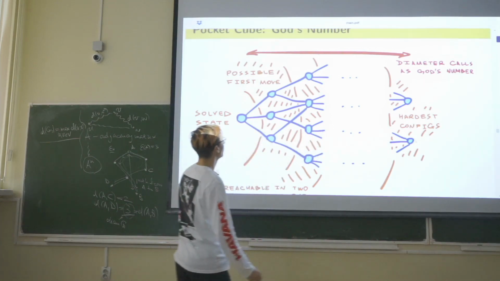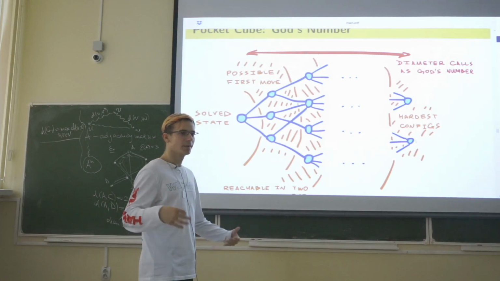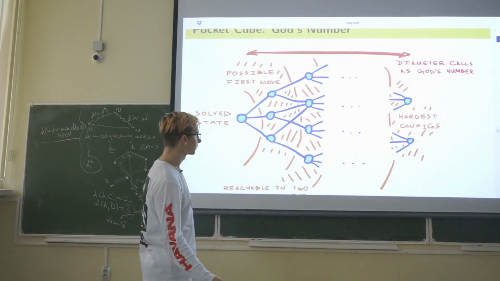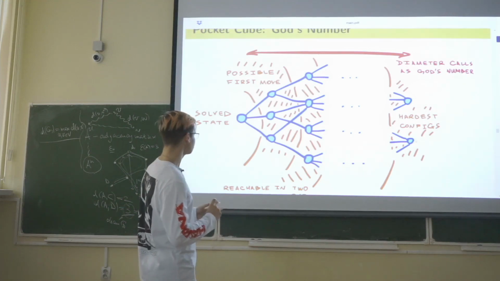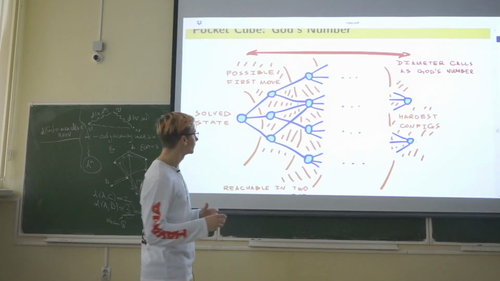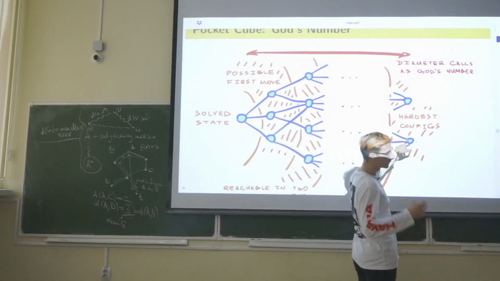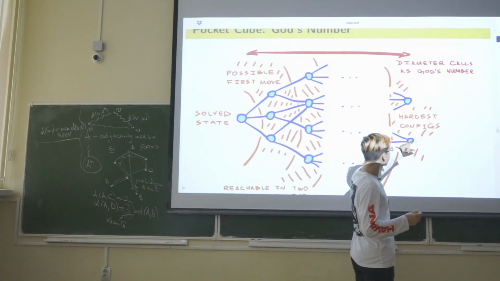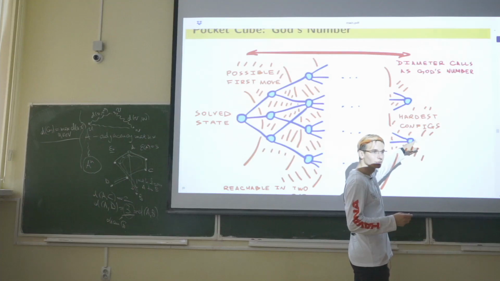And the diameter of this graph is the maximal number of permutations that we need to use, in the best way, of course, to go from this vertex to this.